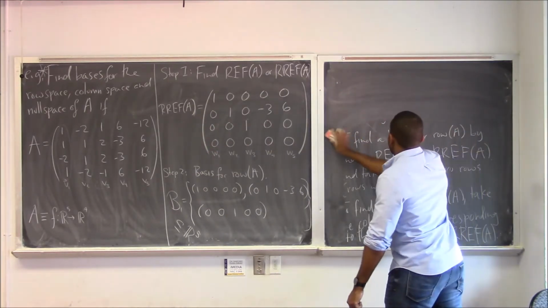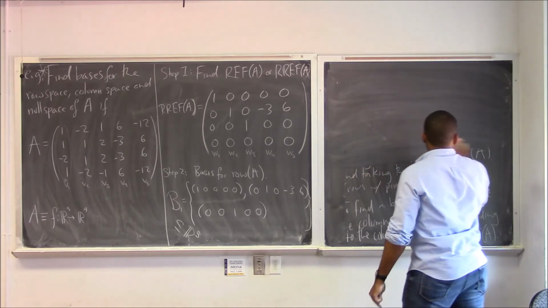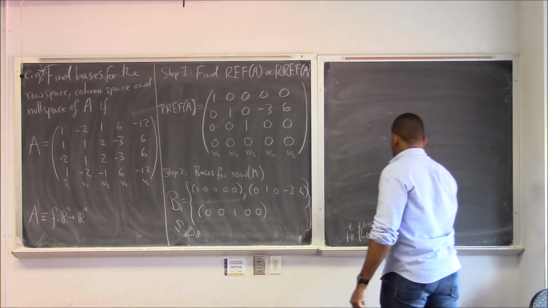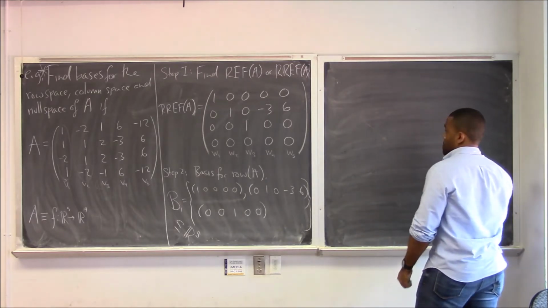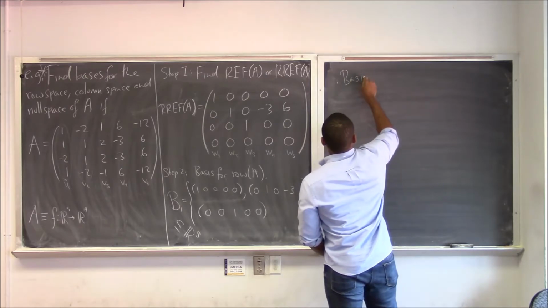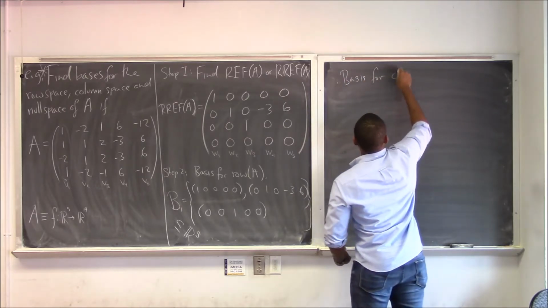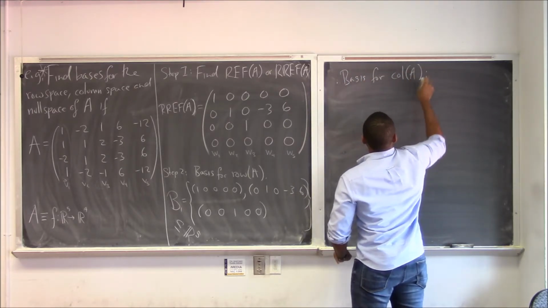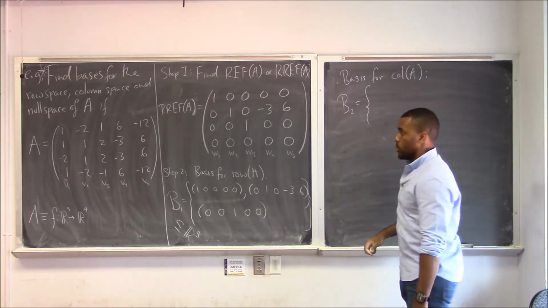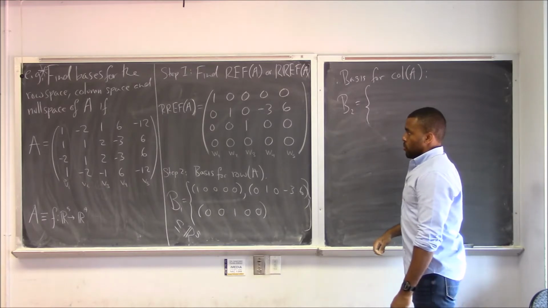What is the column space of this guy? V1, V2, and V3. Basis for column space of A. Which one? V1, V2, and V3. Right.